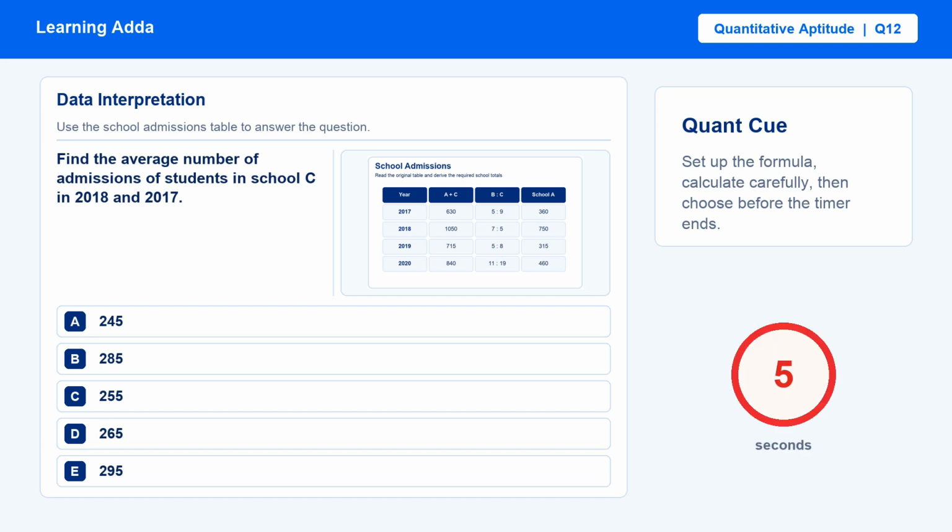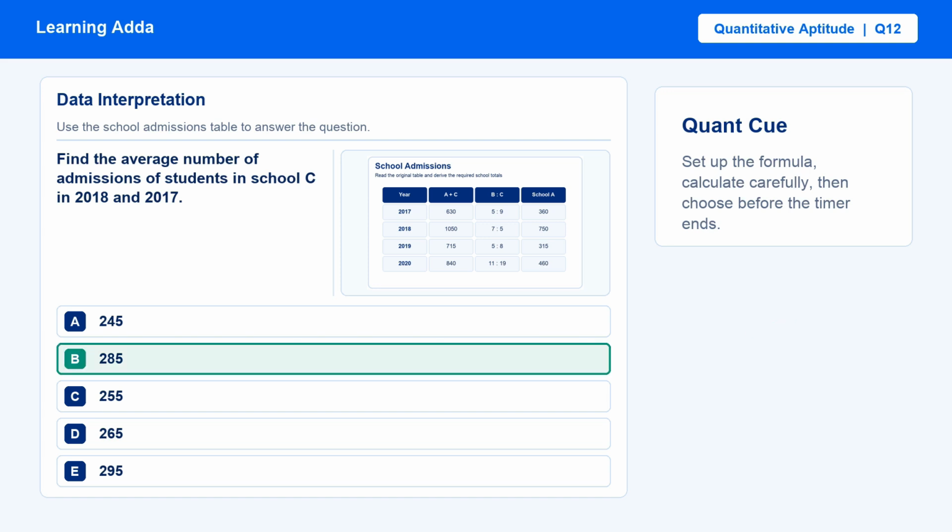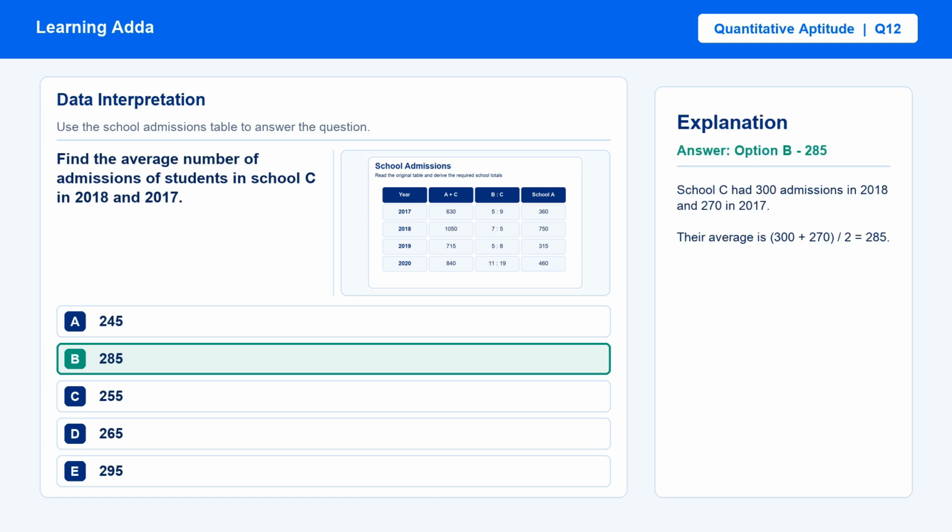The timer starts now. The answer is option B 285. School C had 300 admissions in 2018 and 270 in 2017. Their average is (300 plus 270) divided by 2, which is equal to 285.